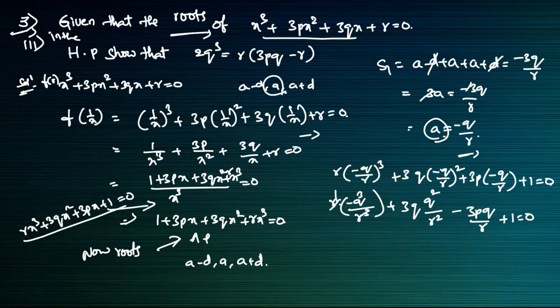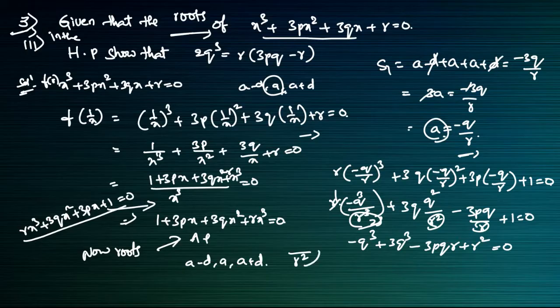Here r square remains as the denominator, so taking the LCM, it becomes minus q cube plus 3q cube minus 3pqr plus r square is equal to 0.